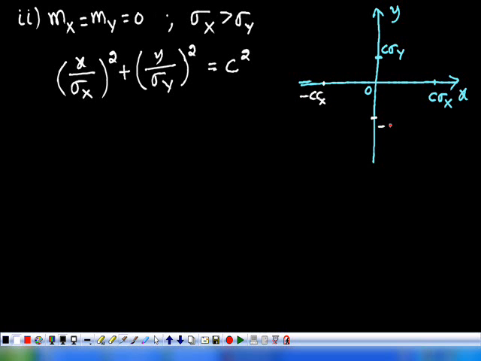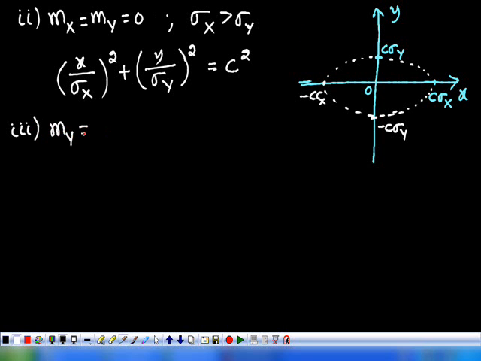This will be minus c sigma y. So it is an ellipse. Now here also, what is rho? Here also rho is 0.